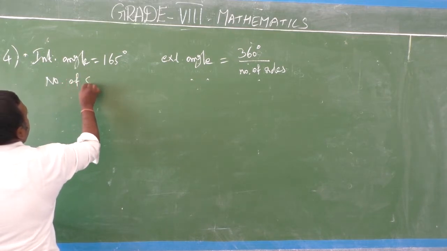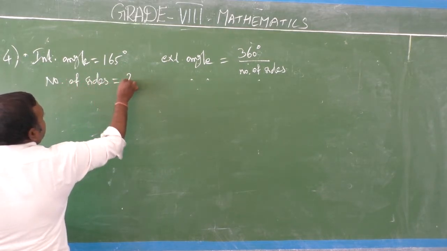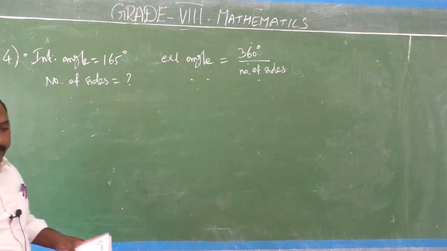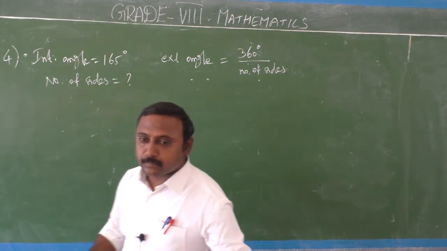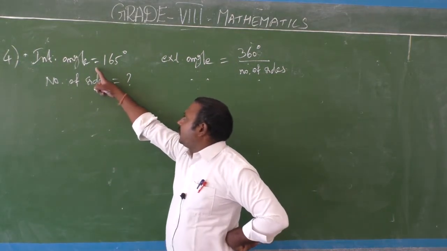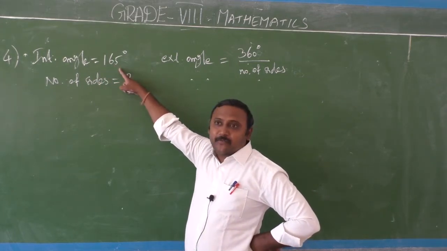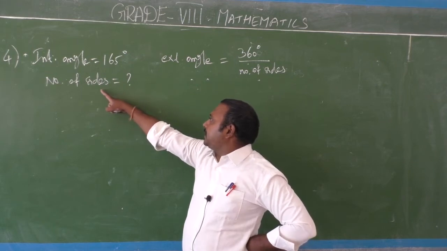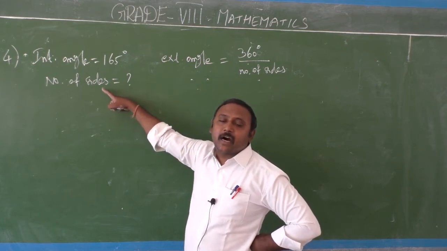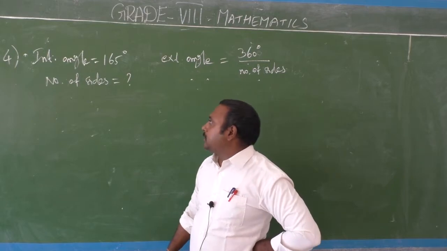We have to find the number of sides in a regular polygon. The fourth question is, if the interior angle is 165 degrees, find the number of sides of the regular polygon.